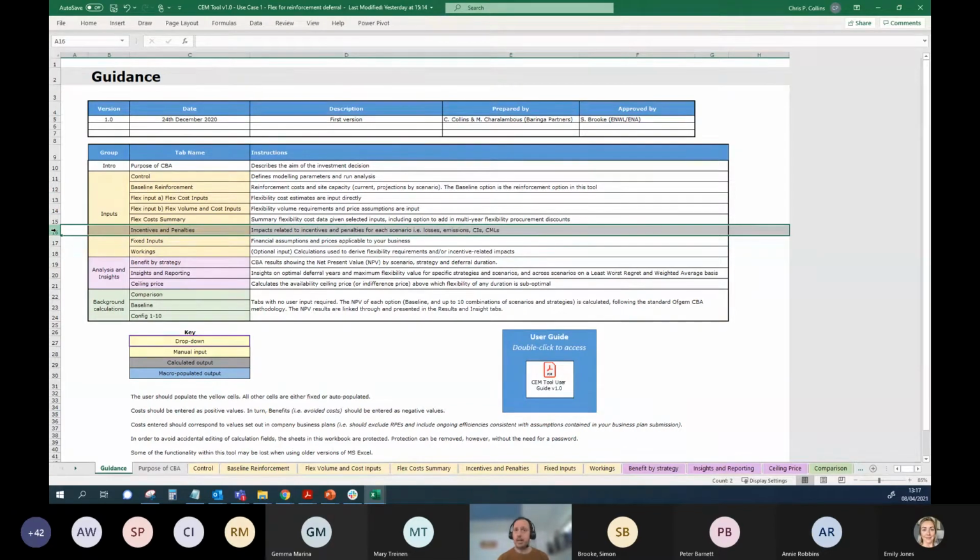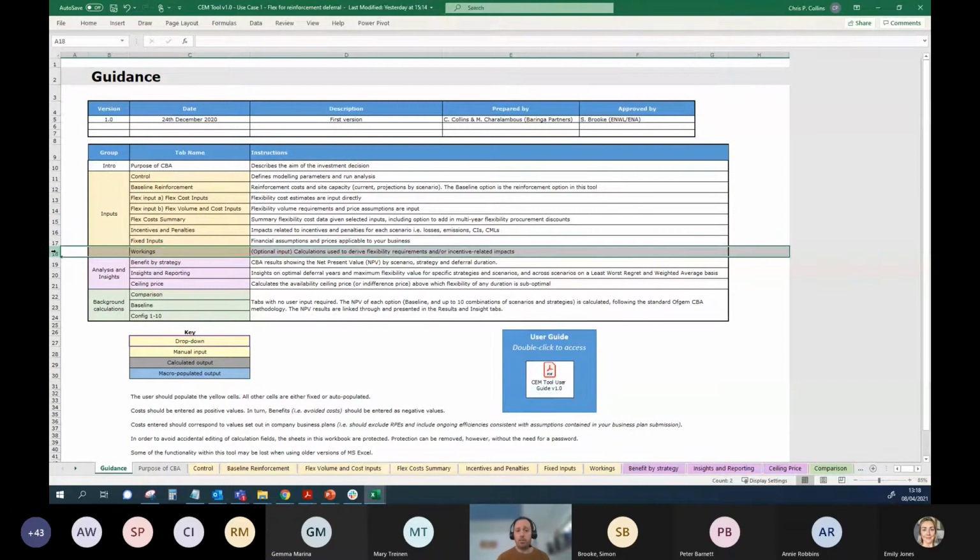We'll look at that in detail. So again, that relates to, in this case, the current price control period, but that can be updated for future price controls. There's a set of fixed inputs, which are a variety of things, ranging from absolute constants, but also things relating to a particular DNO's final determinations for their price control period.